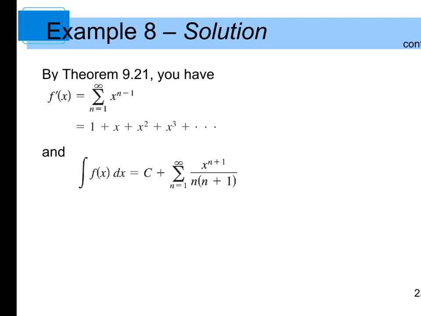And the integral of f of x dx is equal to c plus the sum from n equals 1 to infinity of x raised to n plus 1 over n times n plus 1, which is equal to c plus x squared over 1 times 2 plus x cubed over 2 times 3 plus x raised to the 4th over 3 times 4, plus and so on.